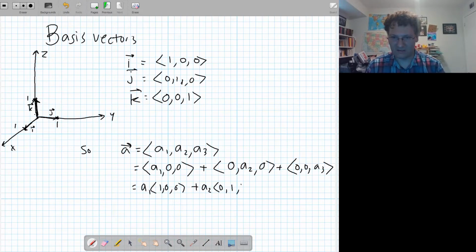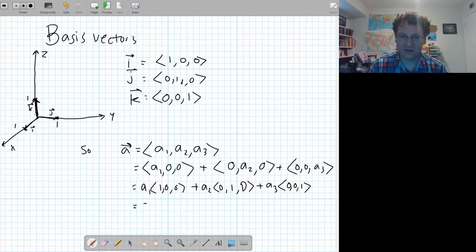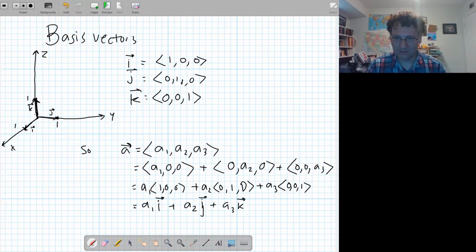So this second vector, plus A3 times this 0, 0, 1. These vectors are just the I, the J, the K. So A1 times the I vector plus A2 times the J vector plus A3 times the K vector.